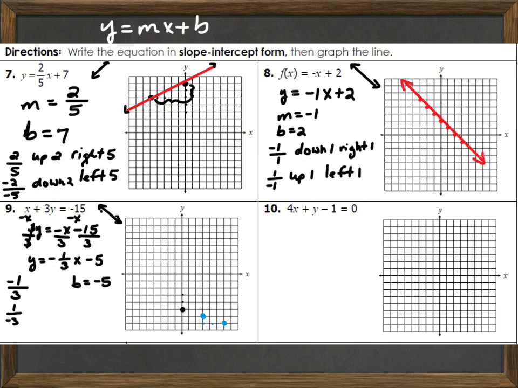Then I can go back to the y-intercept, the black dot, and I could go up 1, but I have to go to the left 3, because I have to go negative in one direction to have a negative slope. And that's about all I can draw on there. And so let's see if we can get a good line through here. Should have made it blue. But anyway, that's the line through those points.